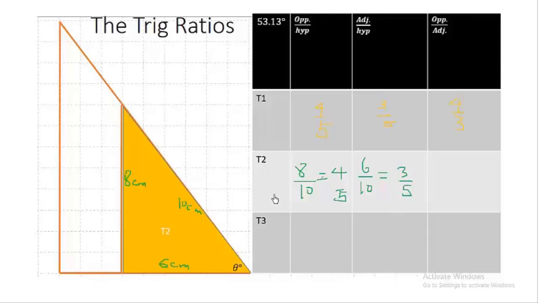Then the opposite over adjacent will be 8 over 6, and this will simplify to 4 over 3.